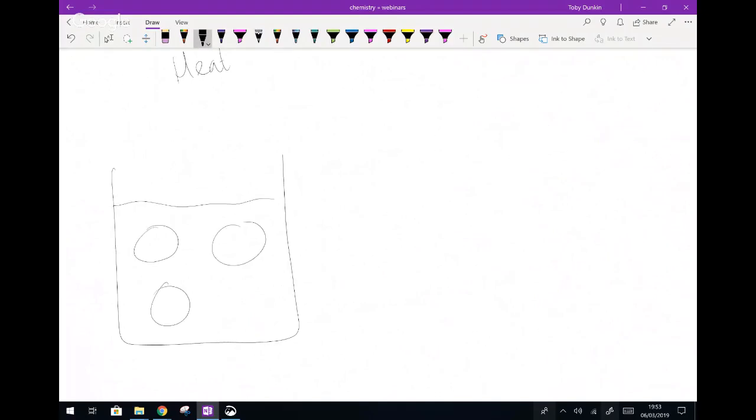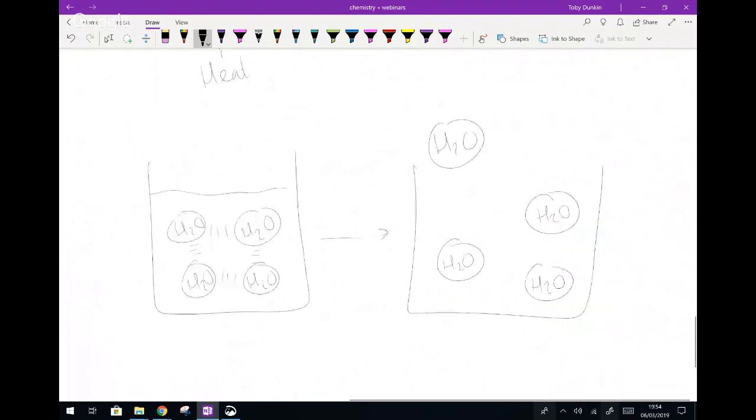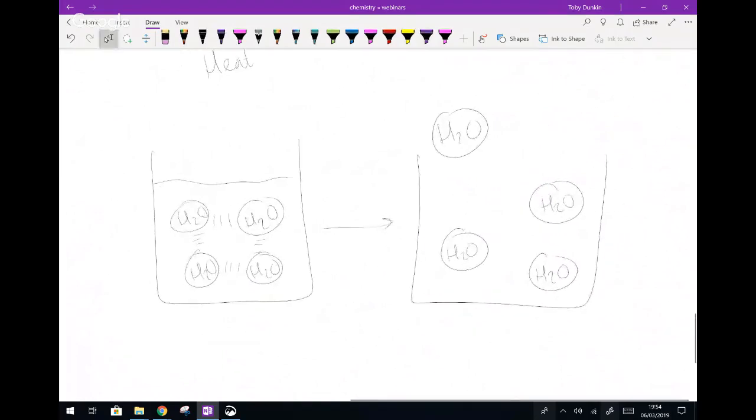Here are my WIMPs, and here's gaseous water. All the WIMPs are broken. The H2O is still H2O. You've just broken the WIMPs. That is the picture I have.